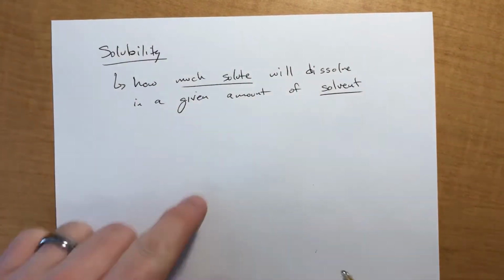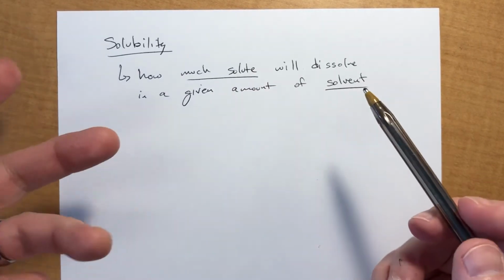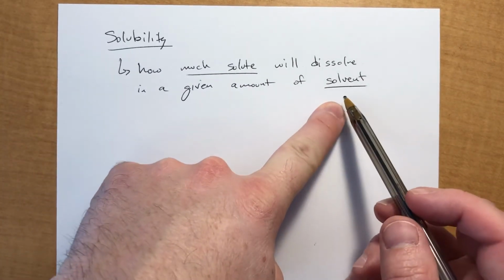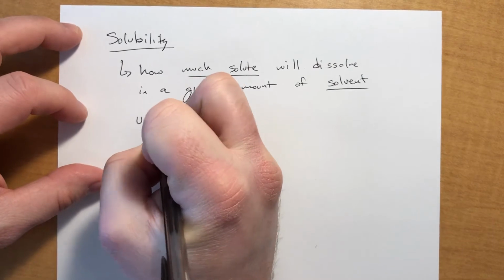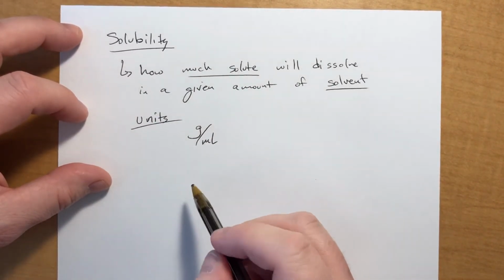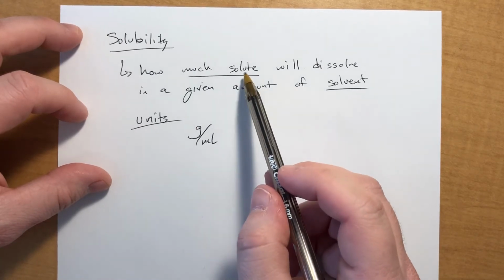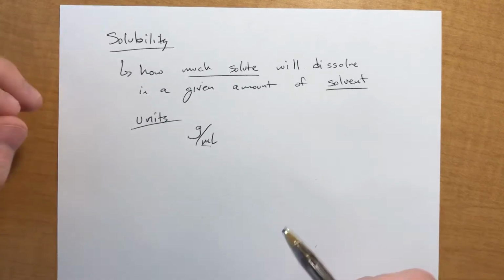As you might expect, if you have a very small amount of solute, the odds of it dissolving are very, very high. If you have a large amount of solvent, the odds of it dissolving are very, very high. The units end up being grams per milliliter, which I know is density units, but what we're talking about is how many grams of solute can be dissolved in a volume of solvent.